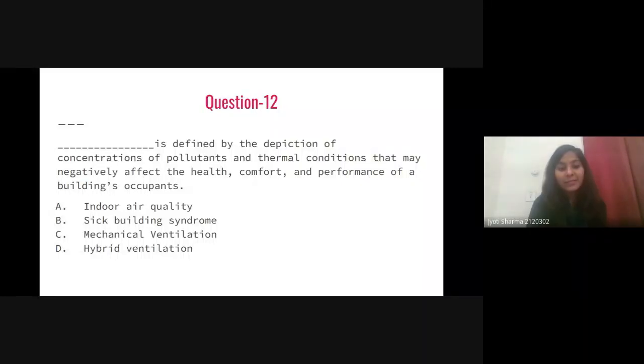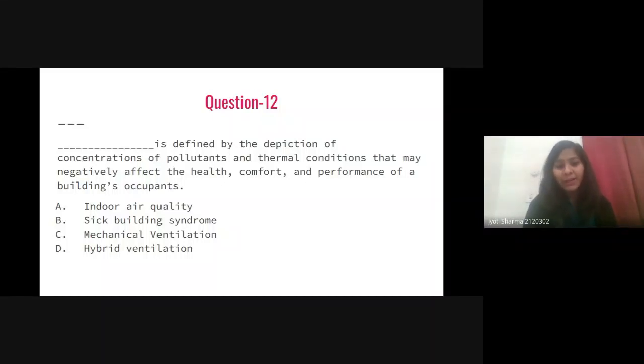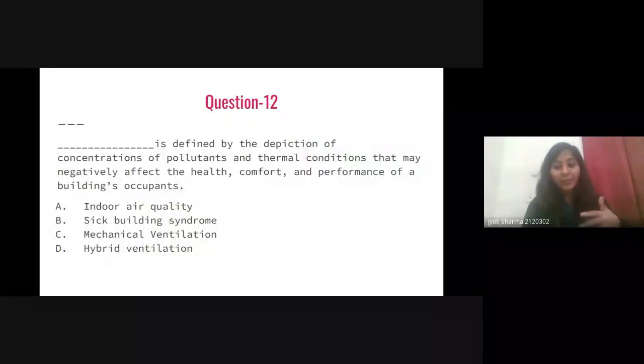Indoors, sick building syndrome, mechanical ventilation, hybrid ventilation. Nishant told me A. Pinnock told me B. Also should be A actually. Syndrome is some kind of disease you have. And here, it is defined as a depiction of the concentration of the pollutant. If you are talking about the concentration of pollutant, then this is something about your air quality, right?